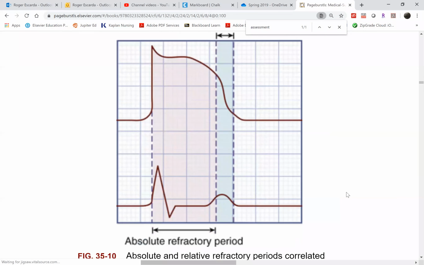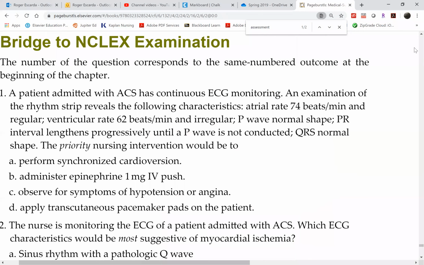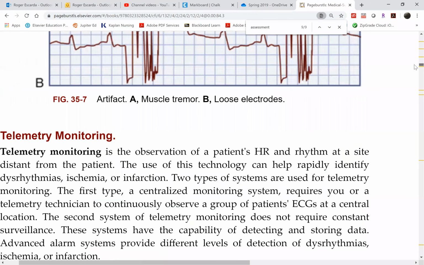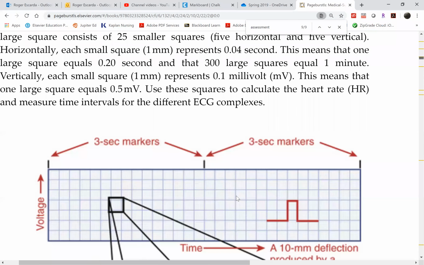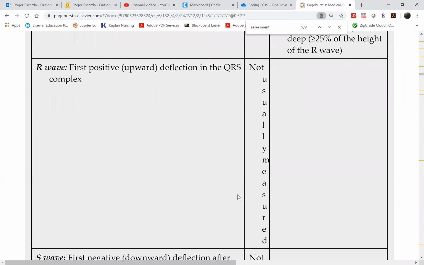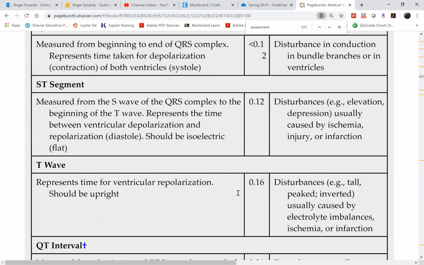Sinus brady and sinus tach. I begin with the sinus atrial node, because they originate in the SA node. They are sinus because they have P waves, they have QRSTs. They're basically normal except for the rate.